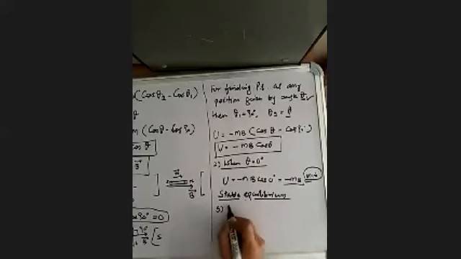Third case, when theta is 180 degree. Theta 180 degree means in this case, this is south and this is north, and the direction of the m vector is from south to north. So they are making an angle 180 degree with each other.